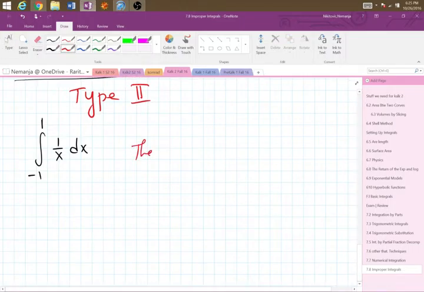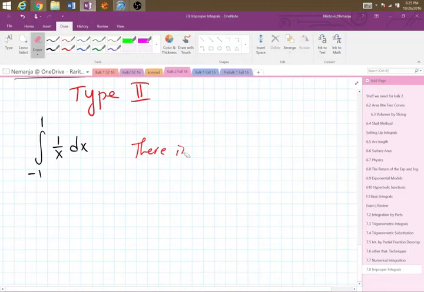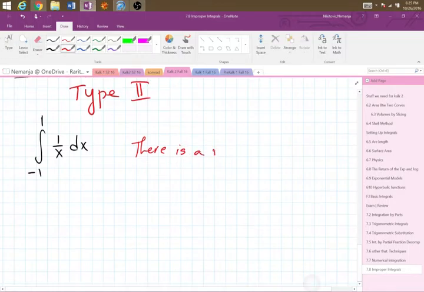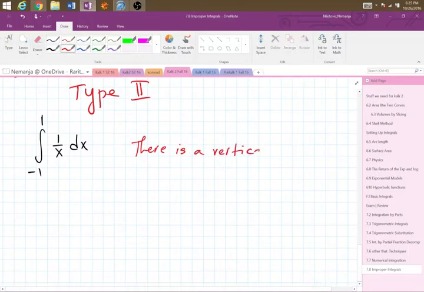The issue is that there is a vertical asymptote at x equals 0.